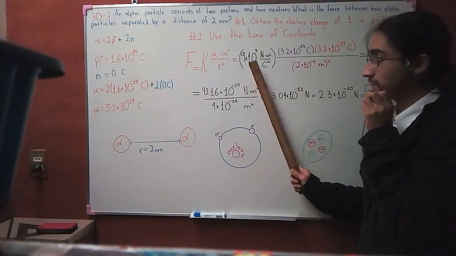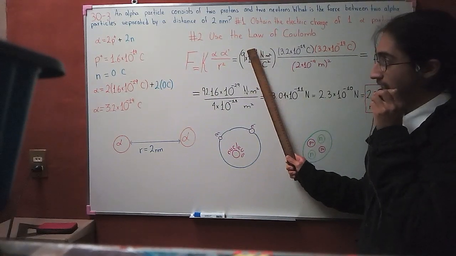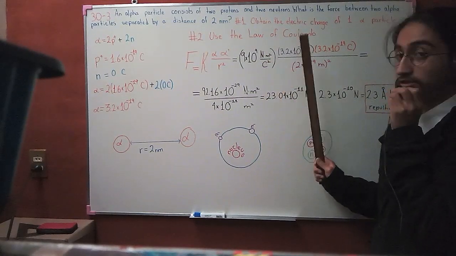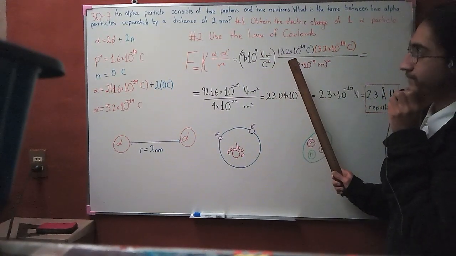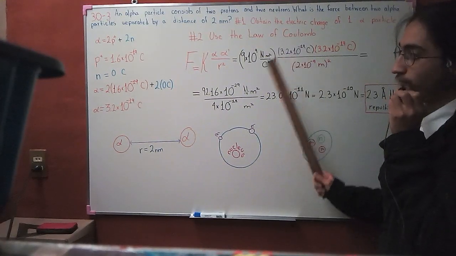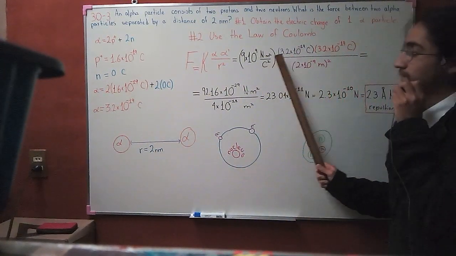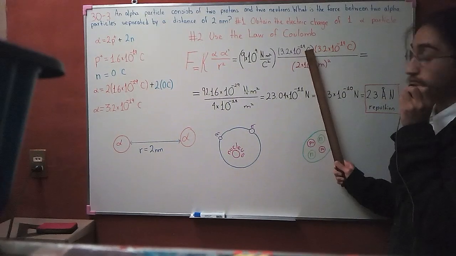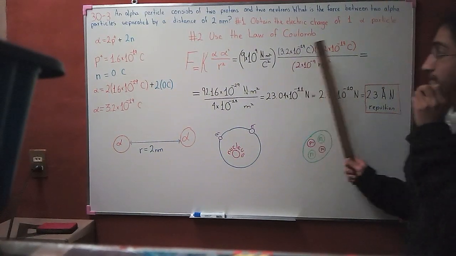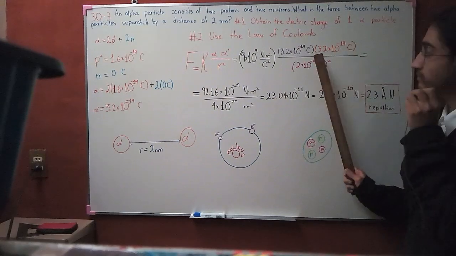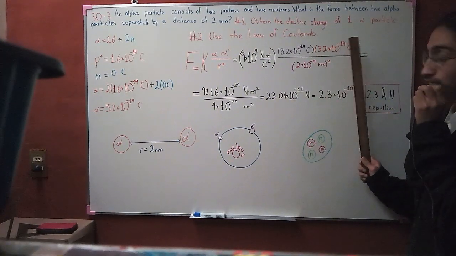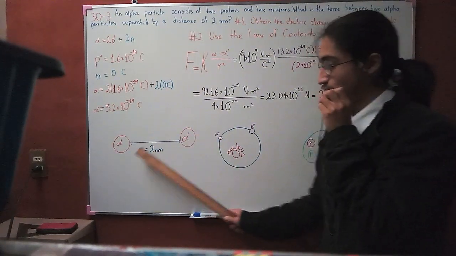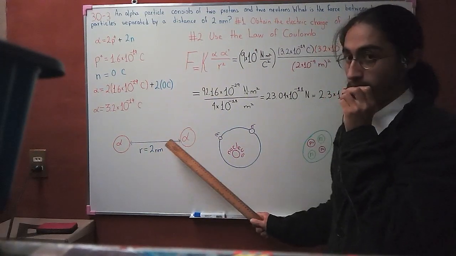It's equal to 9 times 10 raised to the power of 9 newton meters squared divided by coulomb squared, multiplying the electric charge of the alpha particles, 3.2 times 10 raised to the power of negative 19 coulomb, multiplying the second, 3.2 times 10 raised to the power of negative 19 coulomb, divided by the distance between the two alpha particles.